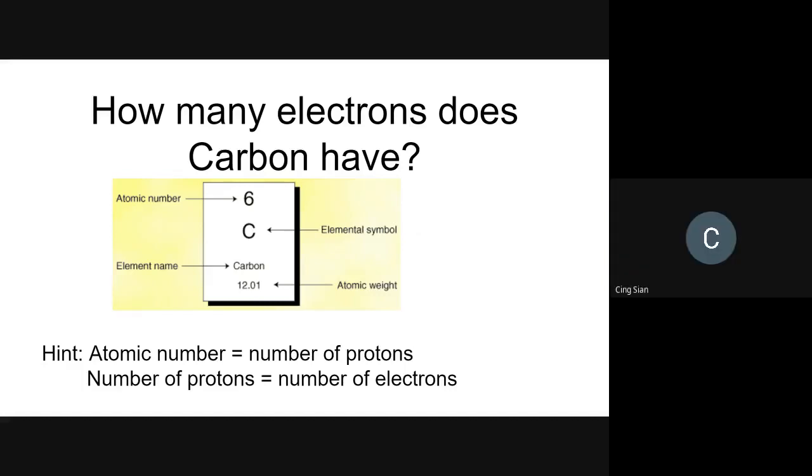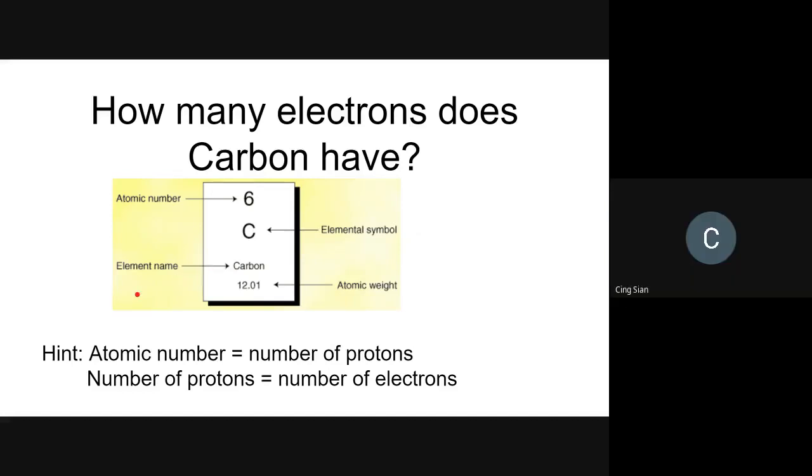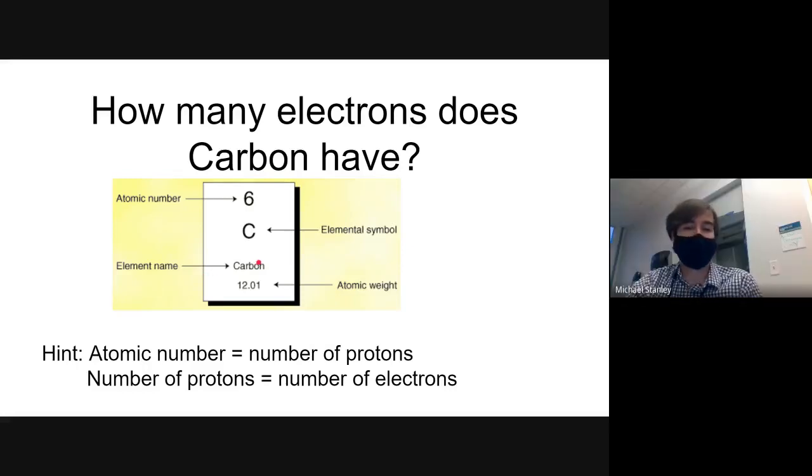6 right here. And how did you know that carbon has 6 neutrons? Maybe the weight or the mass minus atomic number. Exactly. So the weight of carbon is 12.01, so we'll just say it's about 12. And the number is 6.